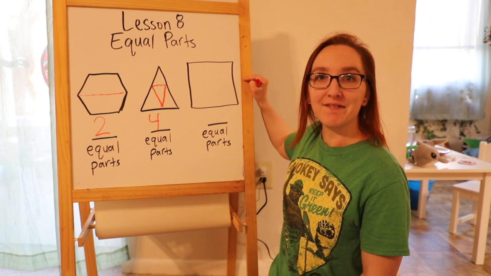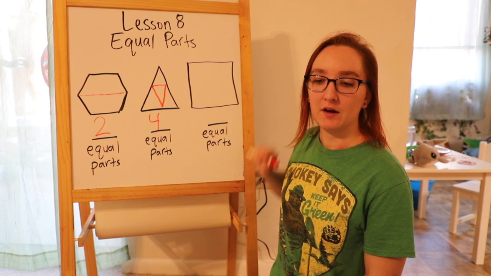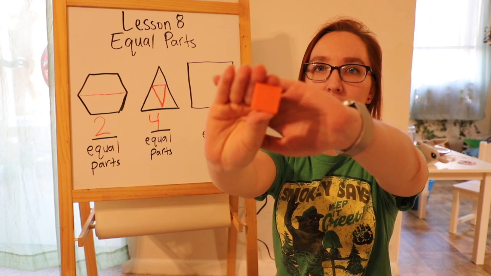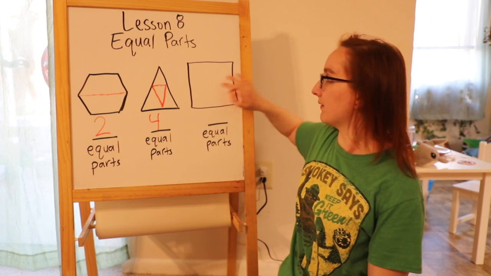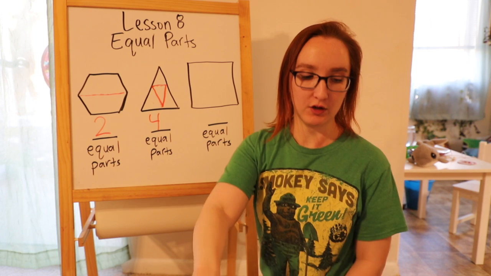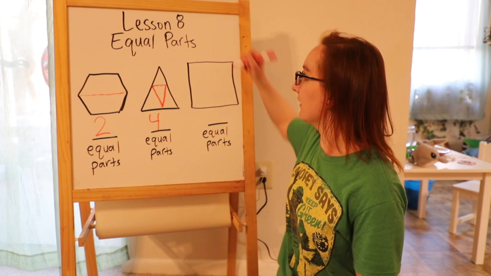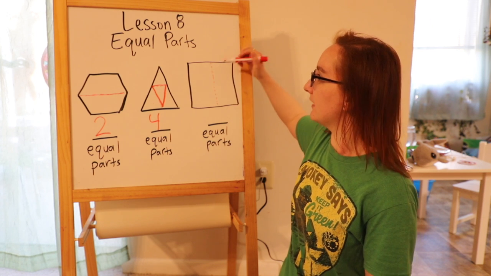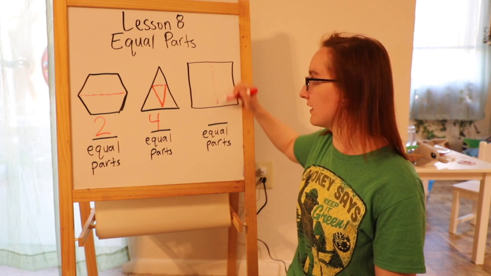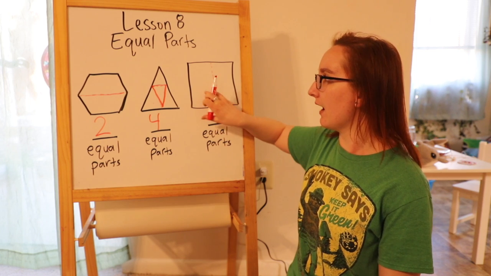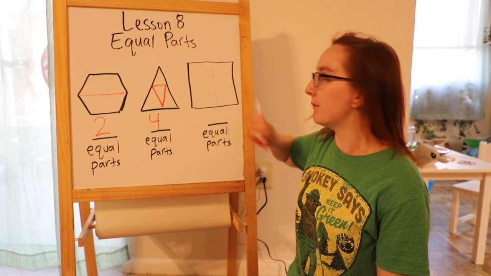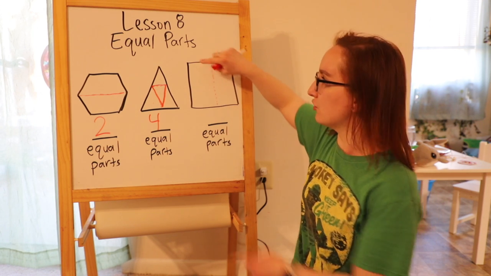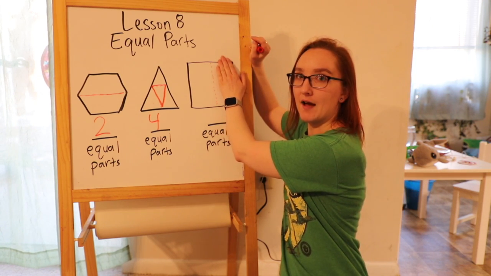Now the last one we have is a big square. So we want to know how many little squares like this it's going to take to make up this big giant square. So you can see that they've made their dotted lines. We have one going straight down the middle. Now if we just drew our line straight down the middle like this, we would have 2 equal parts, but they would be rectangles, right? Because they have 2 long sides and 2 short sides if we cut that in half.